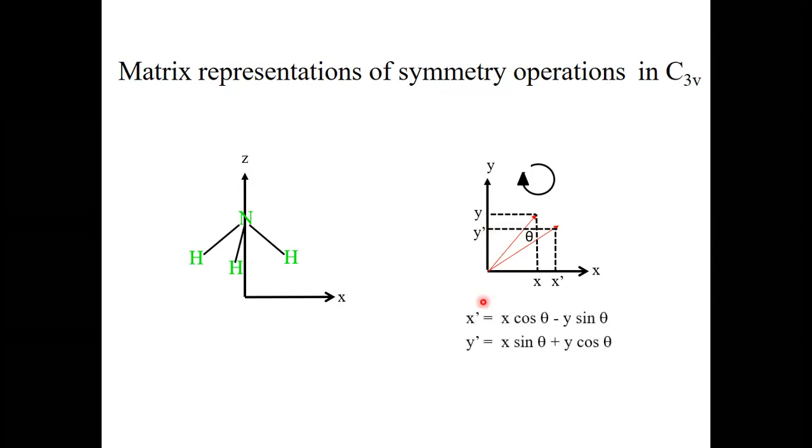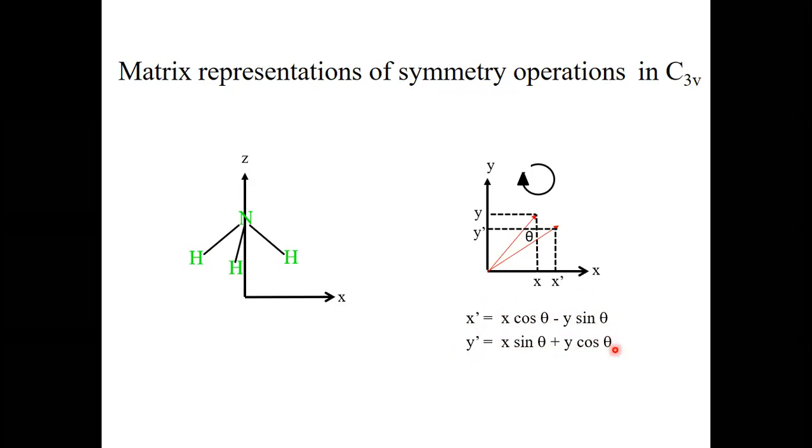That can be described by trigonometry. According to trigonometry, the new coordinate x prime will be the old coordinate x times cosinus theta minus y times sinus theta. And the new coordinate y prime will be x times sinus theta plus y times cosinus theta.